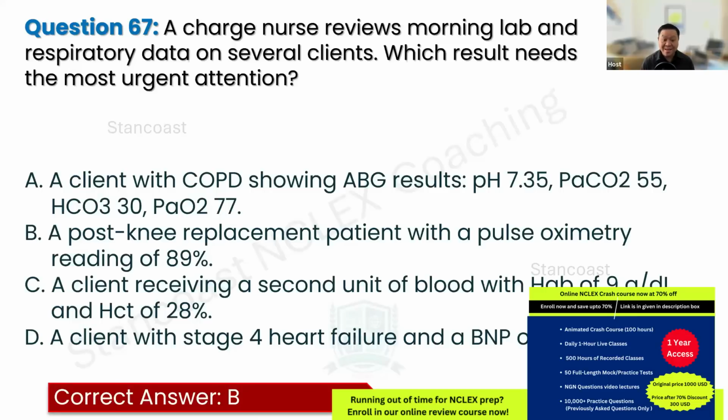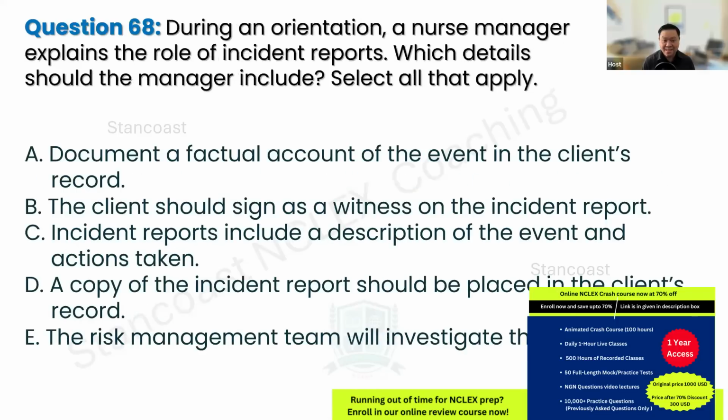This finding is also expected. And letter D, a BNP of 100 is within acceptable limits. Even in advanced heart failure, this one does not require urgent action. So your strategy here is to focus on identifying critical lab and respiratory findings that indicate immediate risk to determine priority response. Let's have number 68.